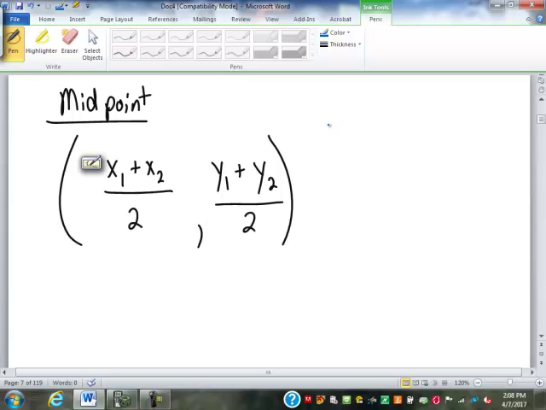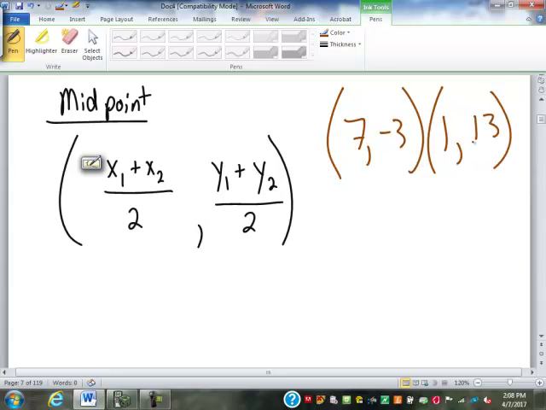So if I have the endpoints 7, negative 3, and 1, 13, to find the x-coordinate of my midpoint, what 2 numbers am I going to add together? 7 and 1.